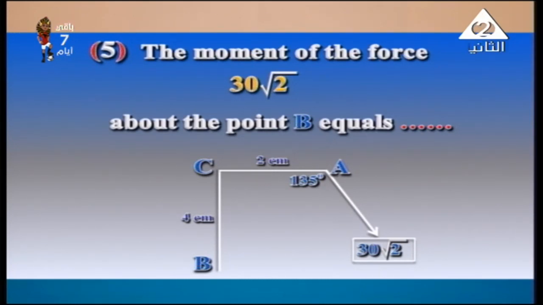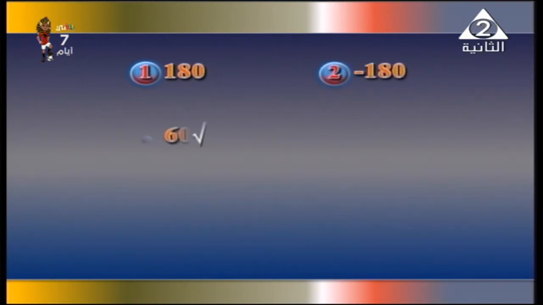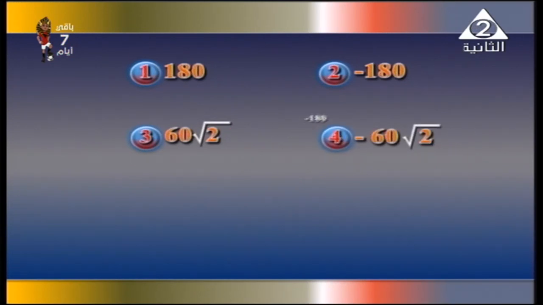Position vector or magnitude of perpendicular from B to this point. Choose the correct answer: 180, negative 180, 60 root 2, negative 60 root 2. Correct answer, negative 180.